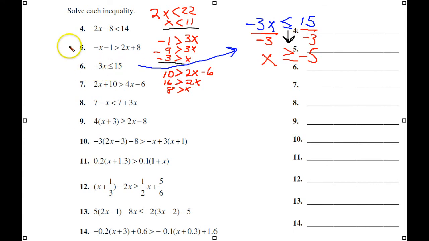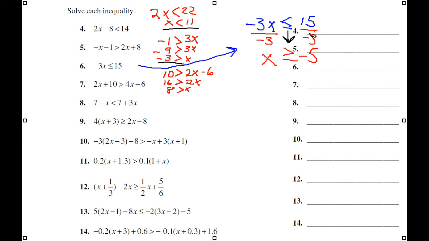Now in number 6, it's a little different here because notice it's a negative 3x is less than or equal to 15. Now in order to get a positive x there, I have to divide by this negative 3, both sides. Now something very, very important.